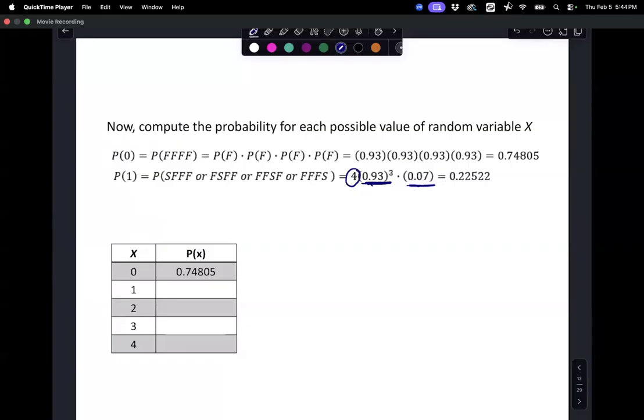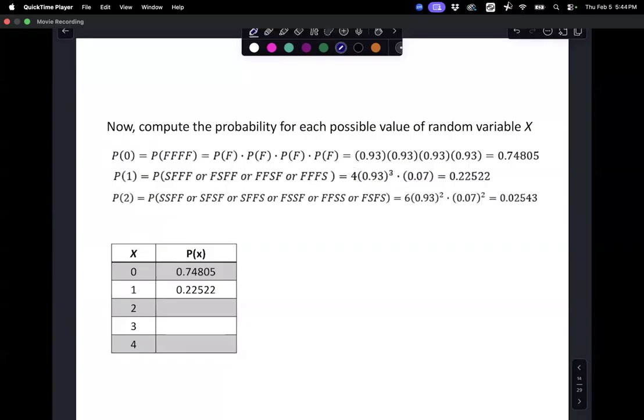So once again, that's 22.5% probability. So getting 2 successes, there's 6 different ways to get 2 successes. So I take it to the second power times the other to the second power, and then we multiply it by 6, and then we have that probability. And then we keep doing that.